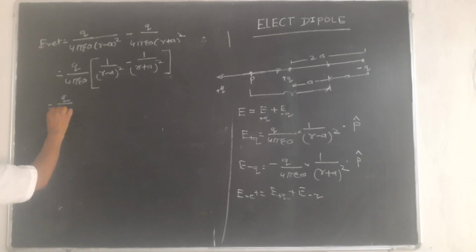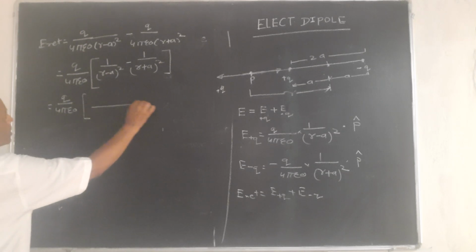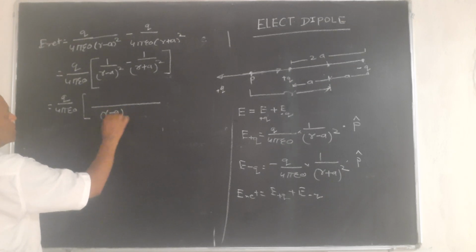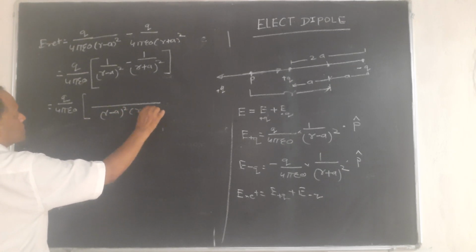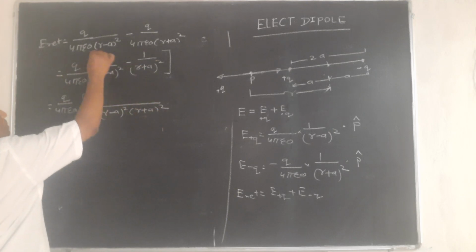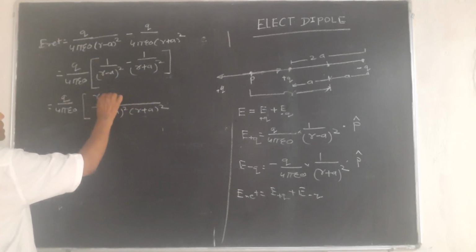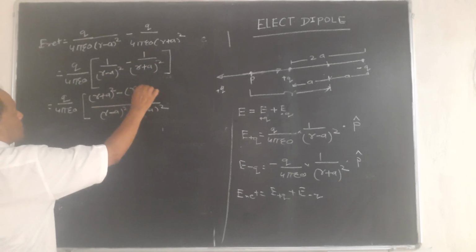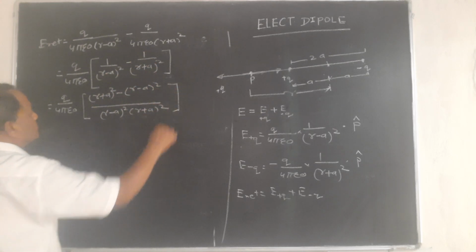We take the LCM, (r minus a) square times (r plus a) square, and cross multiply: (r plus a) whole square minus (r minus a) whole square.